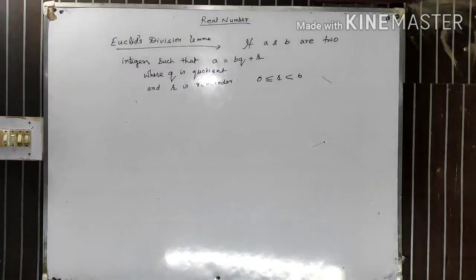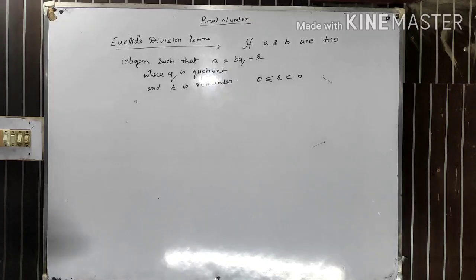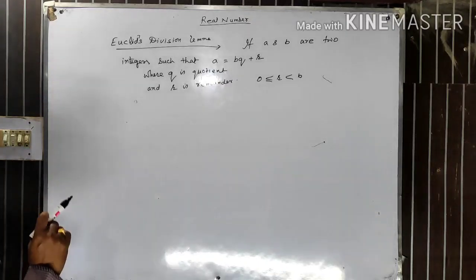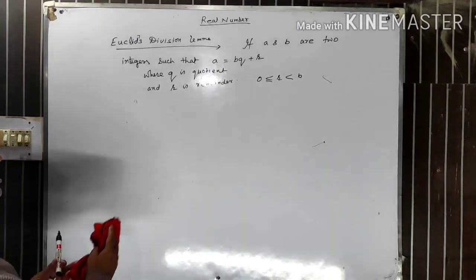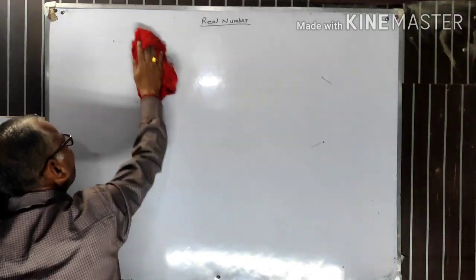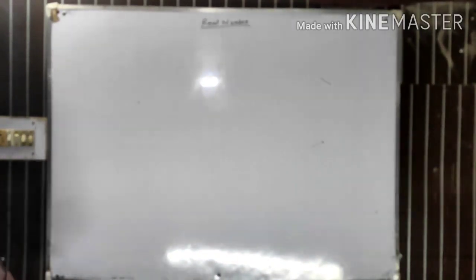So the method to find HCF: find the HCF of 135 and 225.